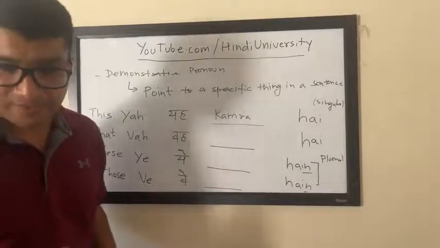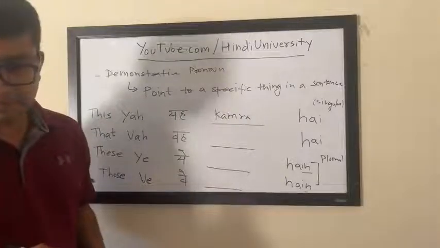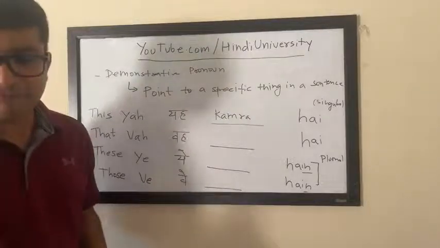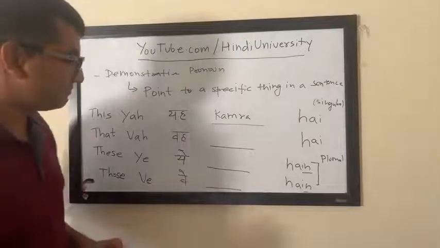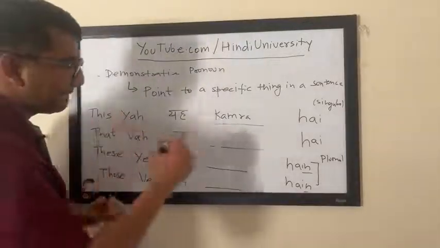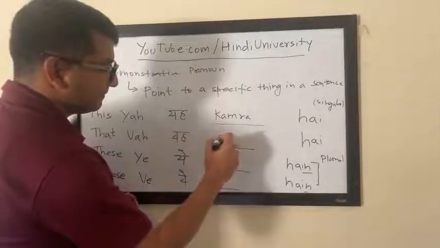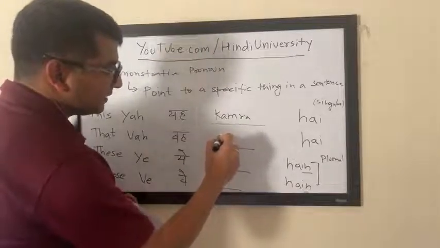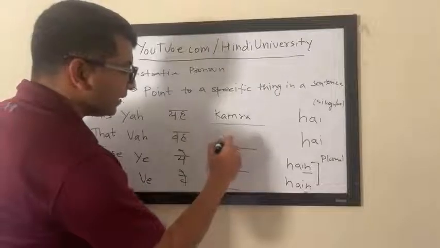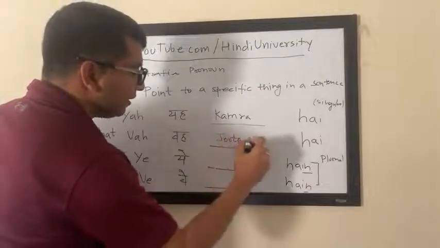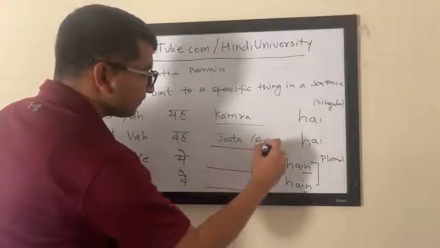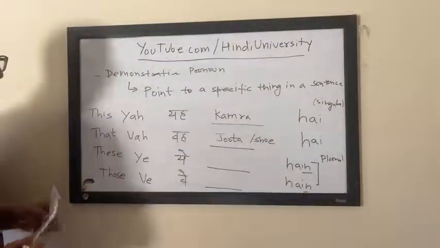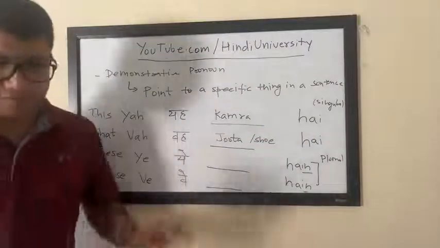Any noun. Let's say you see a fan in your room. Juta, shoe. वह जूता है. Okay, वह जूता है और वह shoe है. Okay, that's fine. Simple, right? No need to make it complicated.